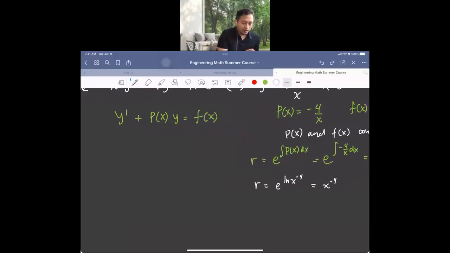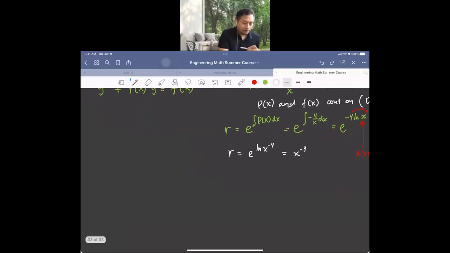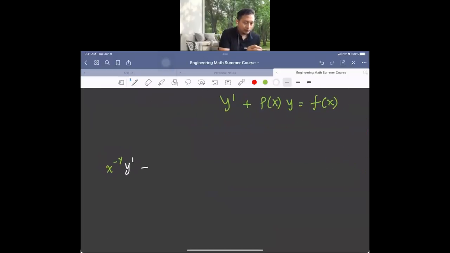Now multiply the equation by x to the power of negative 4. So we will have x to the negative 4 and then y prime. Let me write a little bit to the left here to make it more clear.